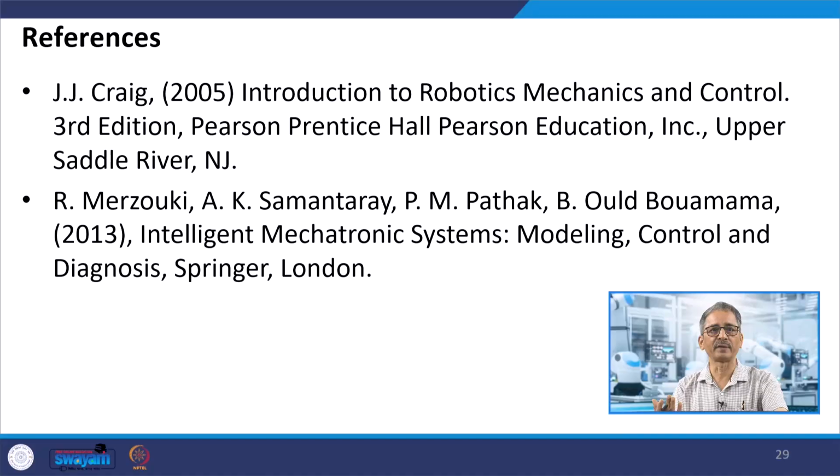All those things we are going to see in the next lecture, and I am also going to discuss a solved example on velocity propagation, Jacobian evaluation, as well as evaluating the joint torque required to take care of the static forces. In all these concepts we are going to use the Jacobian. That I am going to discuss in the next lecture, and these are the references which you can look at, and thank you very much.